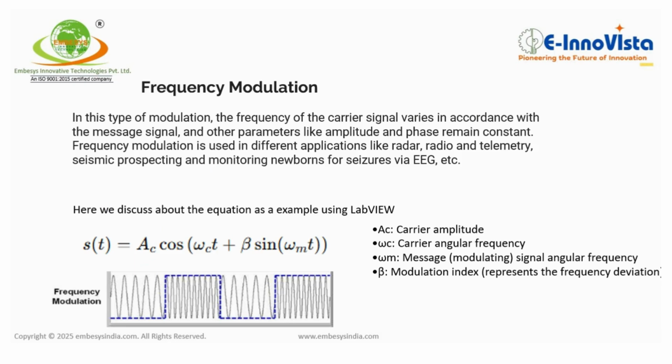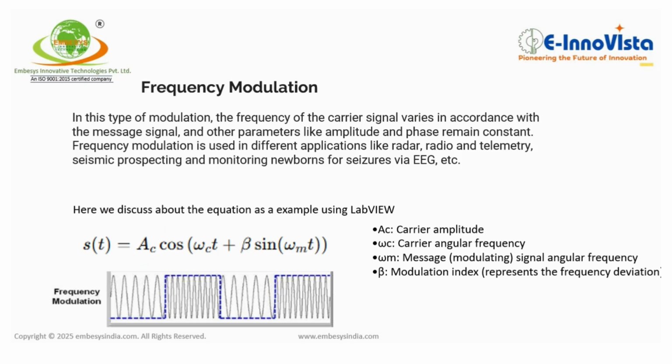We discuss the frequency modulation. In this type of modulation, we vary the frequency according to the message signal, and the other parameters like amplitude and phase remain constant. Frequency modulation is used in different applications like radar and radio telemetry processing.